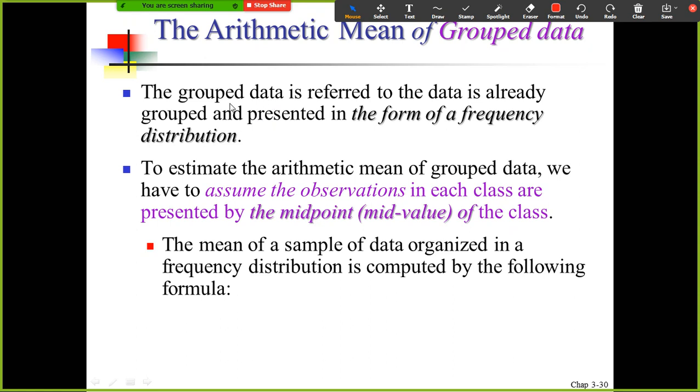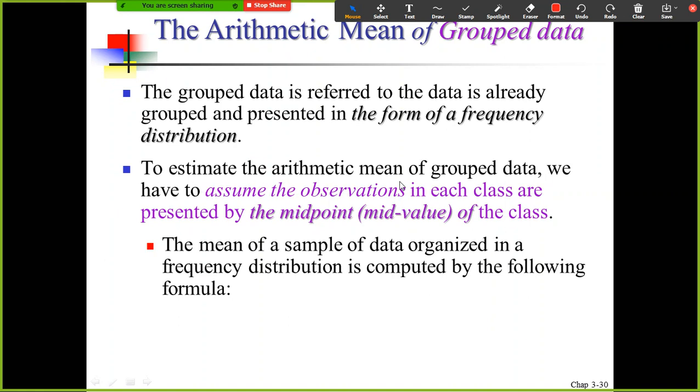Grouped data is the data that is already grouped or presented in the form of a frequency distribution. That means the data that already passed 5 steps.